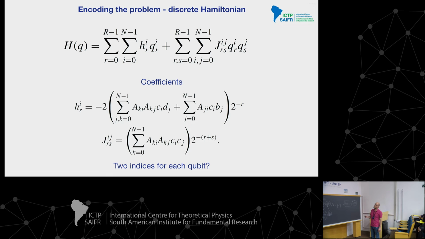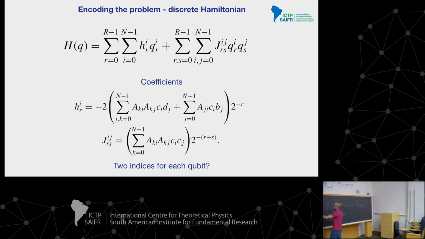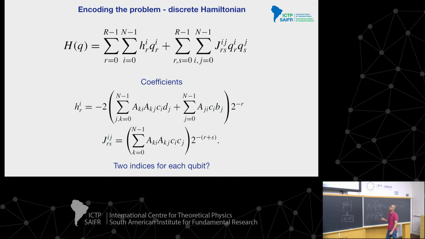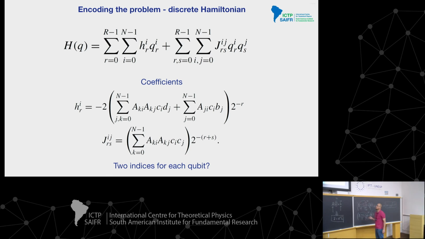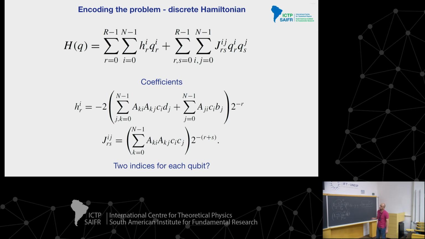Quadratic term here and the linear terms here. And these coefficients that I mentioned before encode the problem. These coefficients A_ki, A_kj are the elements of the matrix A, right? And b_j are the coefficients of this vector b. C and D I already explained.